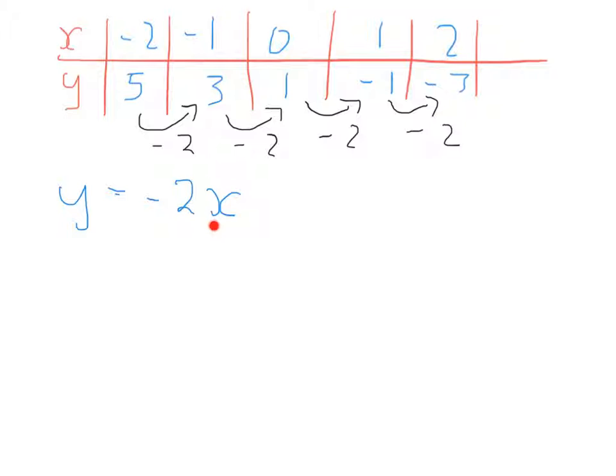The next thing we have to do is look at what's happening when x equals 0. When x equals 0, y equals 1, according to the table. So when x equals 0 here, y has to equal 1 as well. But it doesn't at the moment. If I substitute x equal to 0 here, 0 times -2 is 0.